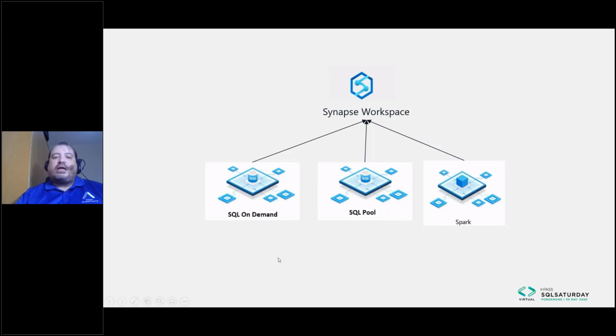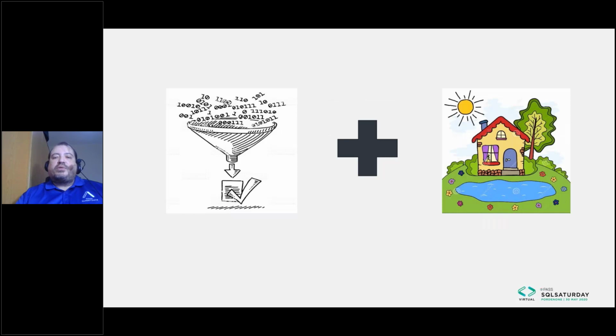So in Synapse, we have these three pools: Spark, SQL Pool, and SQL On Demand. The point is that these three pools are covering a new word that is called data lakehouse. The word data lakehouse is appearing a lot in the market to make reference to Synapse Analytics.